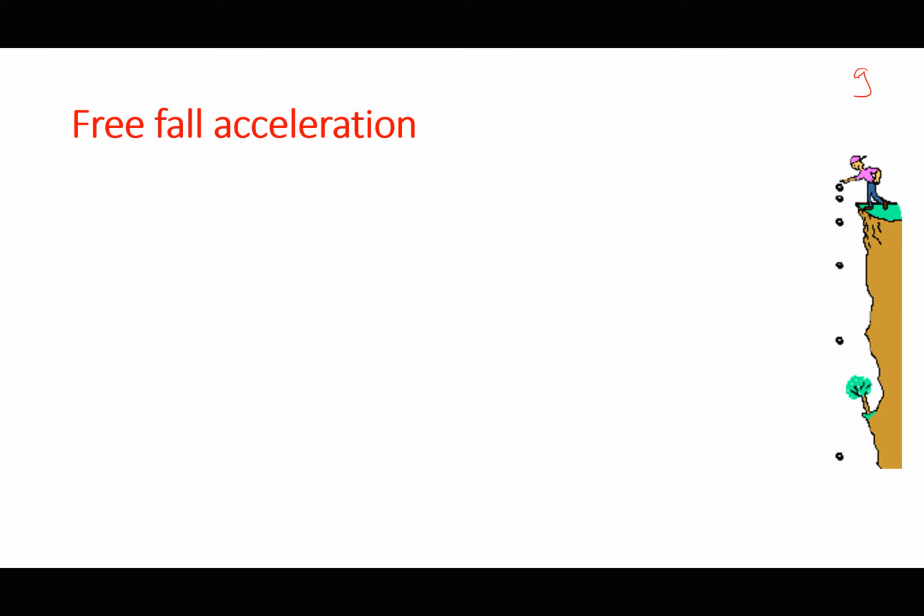A very common example of uniformly accelerated motion is when a body falls freely, especially near the Earth's surface, or it can be near any other planet. This is normally because of the gravitational attraction of the Earth or of the other planet. All objects fall with the same uniform acceleration if they are very close to the Earth's surface, and this is what we call the acceleration of free fall.